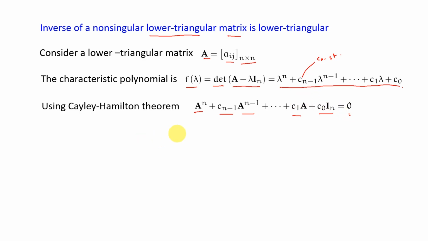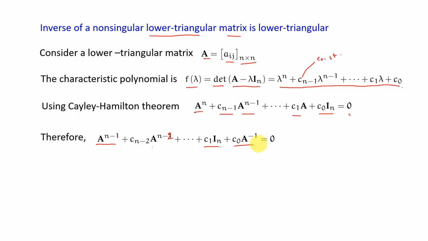So if I multiply both sides with A inverse, what happens is that A to the power n becomes A to the power n minus 1, here we have n minus 2, all the way up to c1, where A becomes A into A inverse. So it becomes the identity matrix, and c naught is multiplied by A inverse.